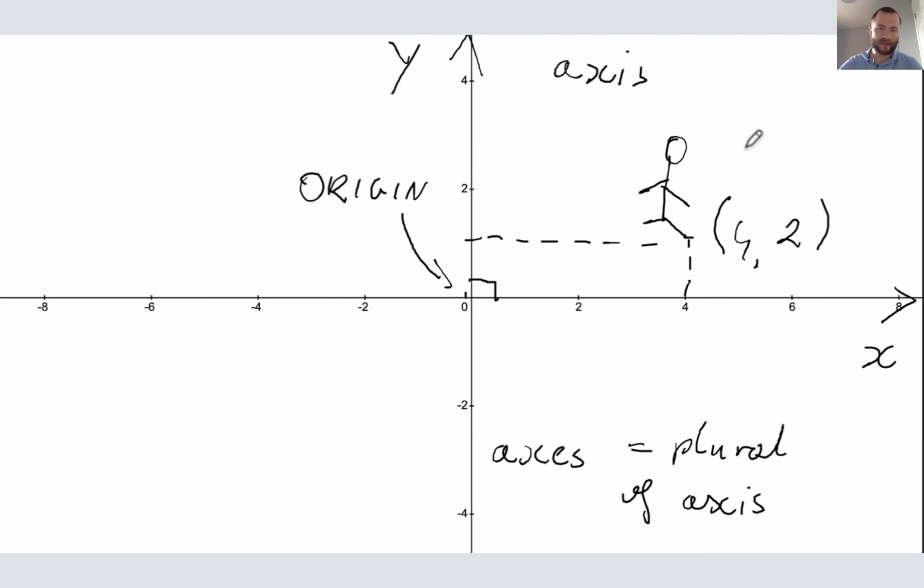So I always write the number along the x-axis first, and then I write the number along the y-axis second. So the number along the x-axis is the first, and the number along the y-axis is second. And those two numbers, the two numbers that I write down to tell me where Johnny is located on the coordinate system, these are the coordinates.